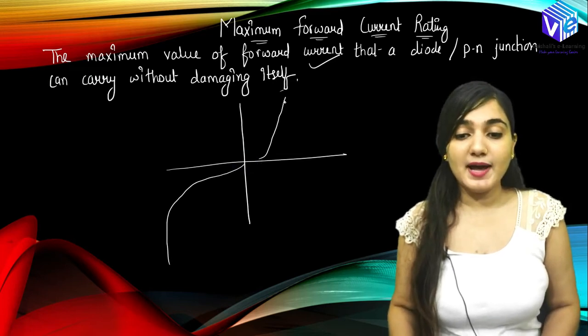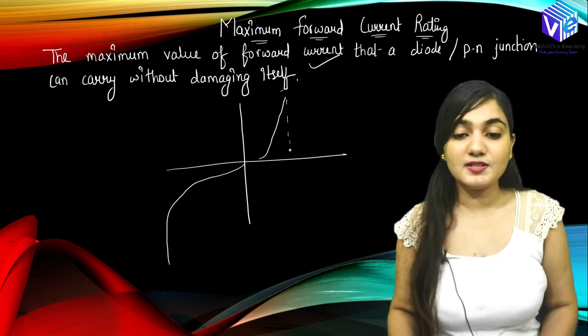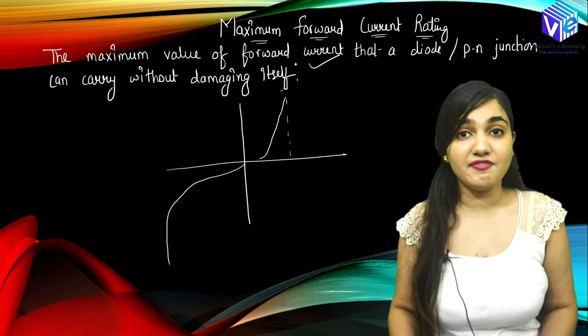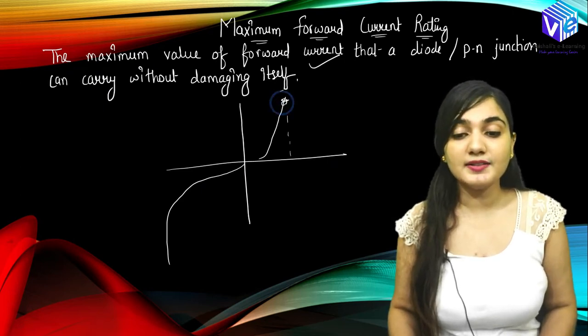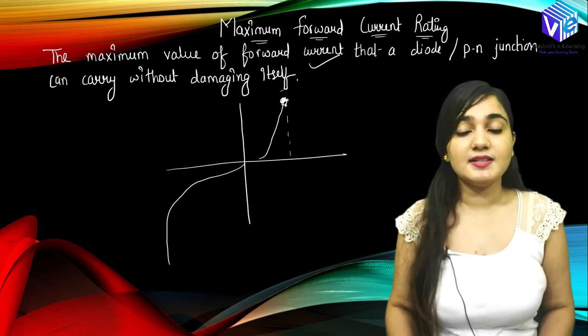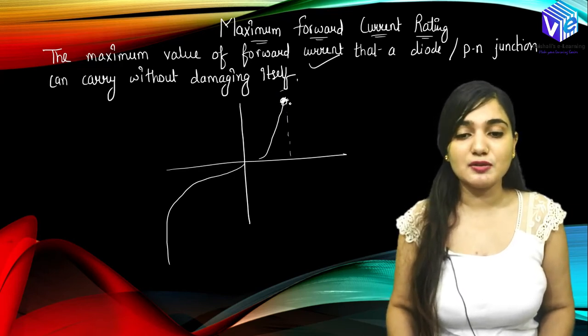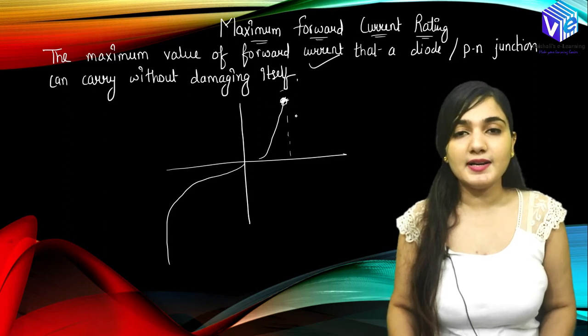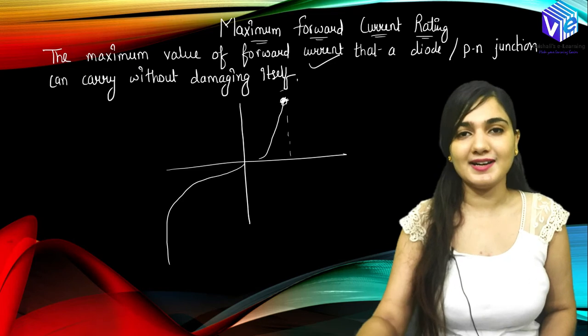In the forward bias graph, the current approaches infinity at a very finite voltage. The current increases very fast, non-linearly, but I have to limit this current. The forward current also I have to limit, otherwise the device will get damaged. So the maximum forward current that the device can withstand is the maximum forward current rating.